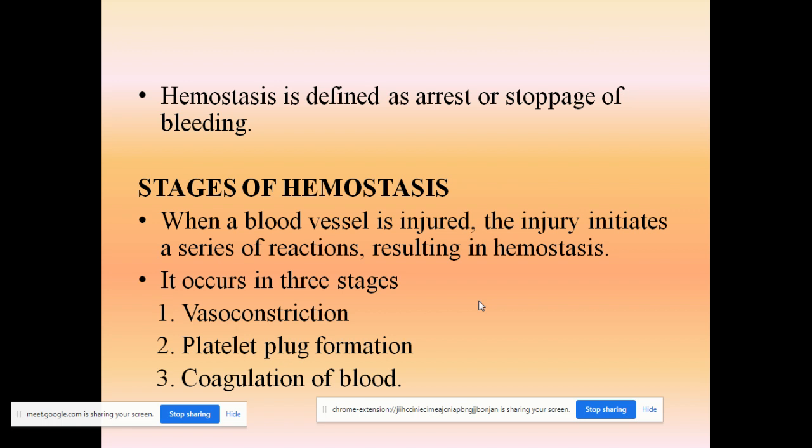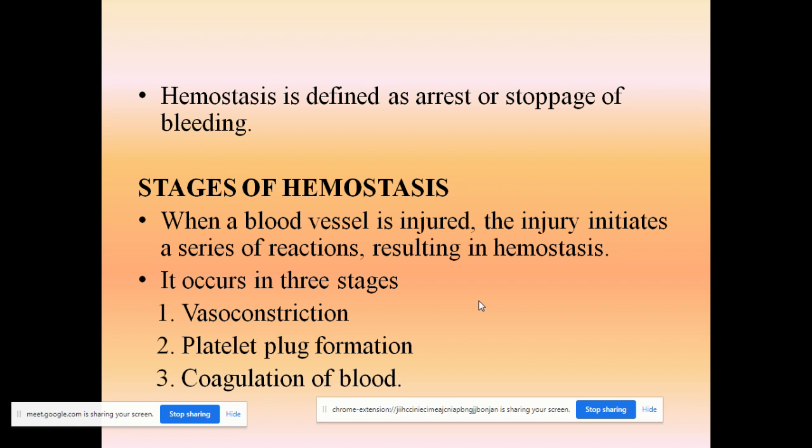Hemostasis. Okay, it is not homeostasis. Please do not confuse the term homeostasis with hemostasis. Homeostasis is different. Hemostasis is different. Hope you understood the difference between these two, right? Homeostasis is maintenance of the same condition throughout the body.